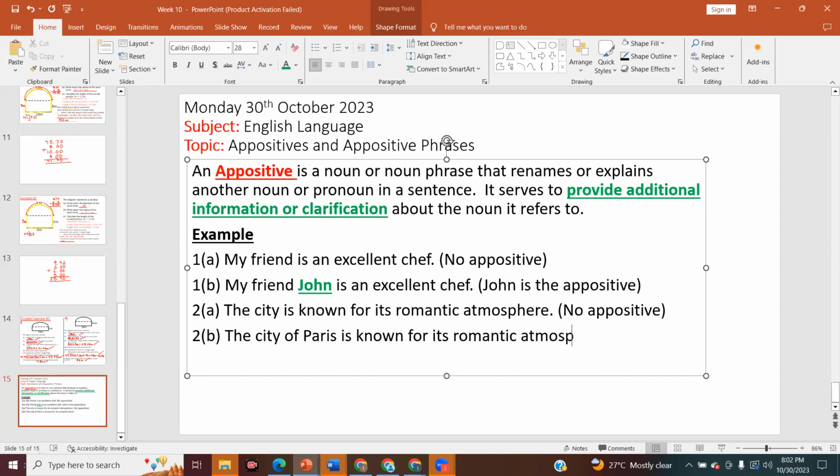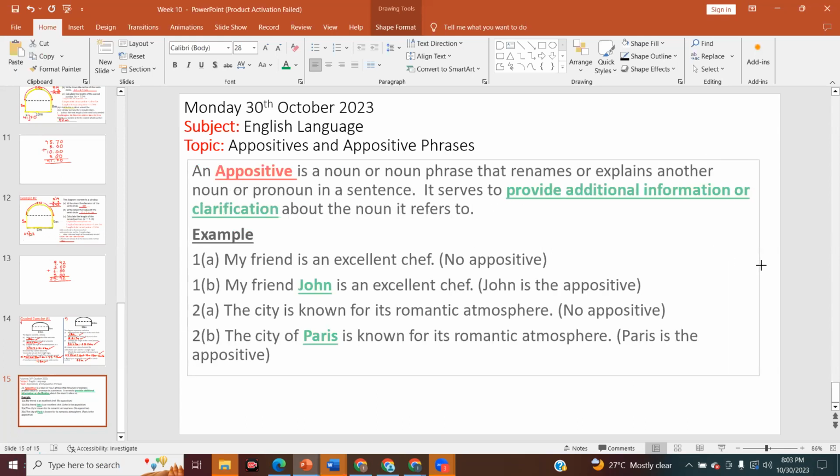atmosphere. All right. What's the appositive in the sentence? Paris. Very good. Paris is the appositive. So why is Paris an appositive?